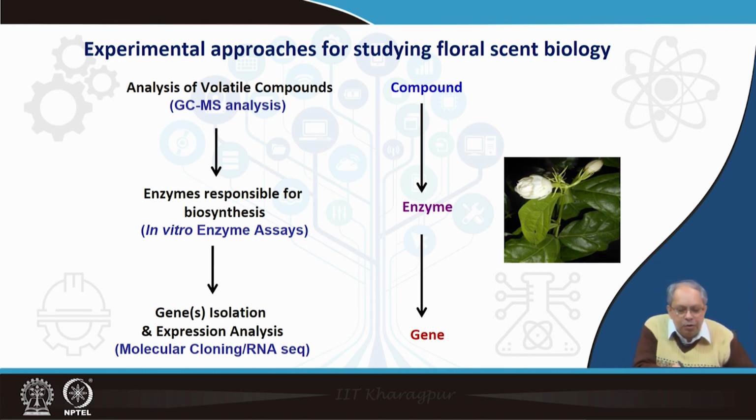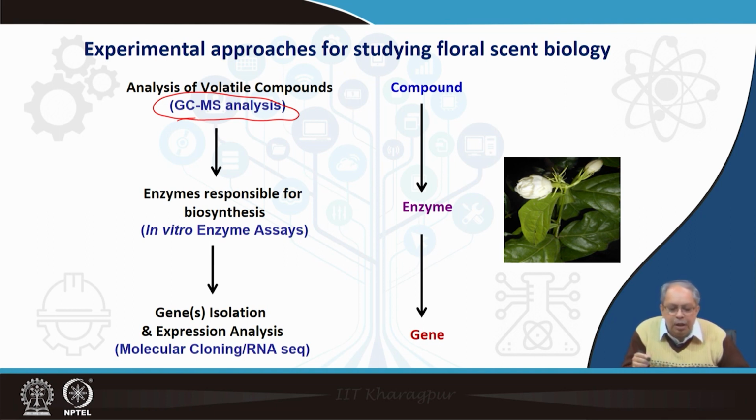How to analyze that? GCMS is the major technique usually employed for analysis of scent volatile compounds. In the next slide I will talk about how scent volatiles are trapped, but now let us go to this concept.